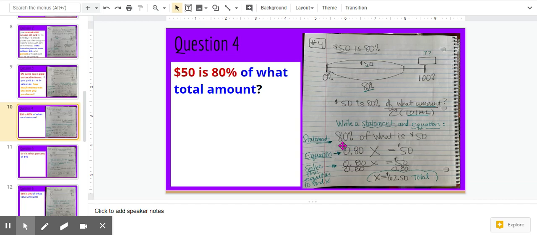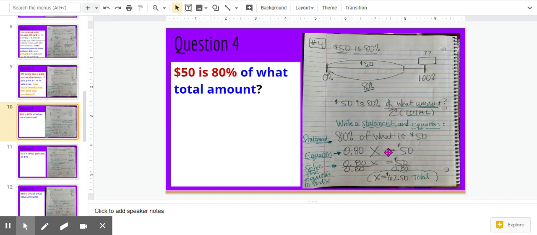80%, I'm going to change to my multiplier equivalent, 0.8 or 0.80, of what? Of what, right? I don't know what it is yet. That 100%, that total amount, I don't know. So I'm going to put an X to represent that. We're using our algebra skills here.